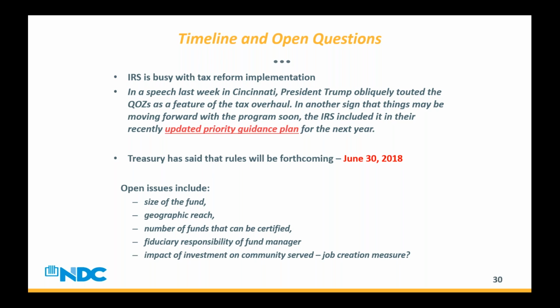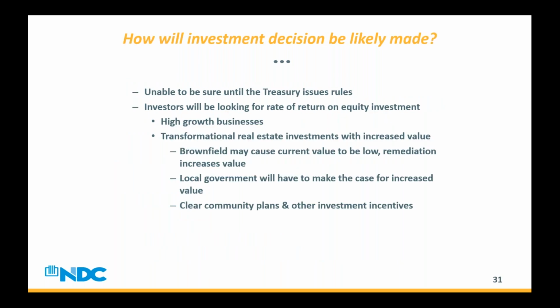And so this is going to be interesting as we look at the last slide, or the second to last slide. How will the investment decisions be made? We are unable to be sure until Treasury issues the rules. The investors will be looking for a rate of return on equity, high growth business, transformative real estate investments, brownfields that are valued low and remediation increases the value are perfect.